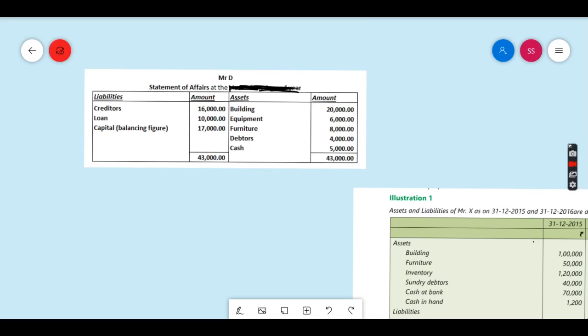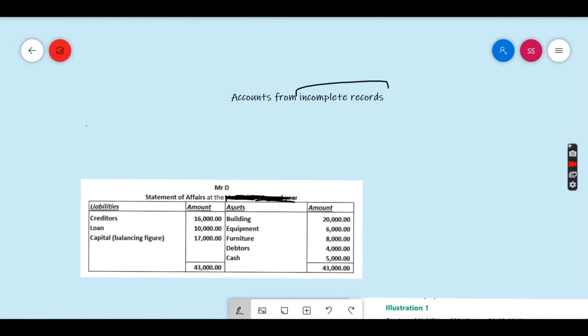We can find out the profit by comparing the opening capital and the closing capital.